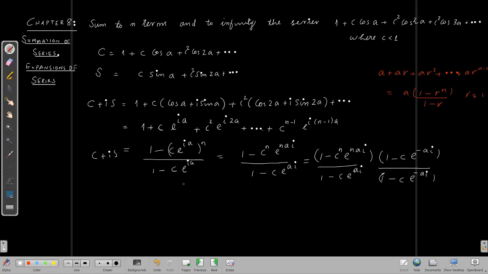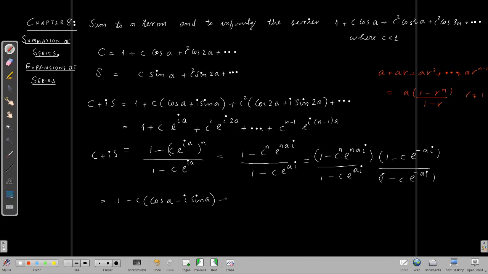Now we multiply, and we get 1 minus c times cos A minus i sin A. Then we have this term with this bracket.